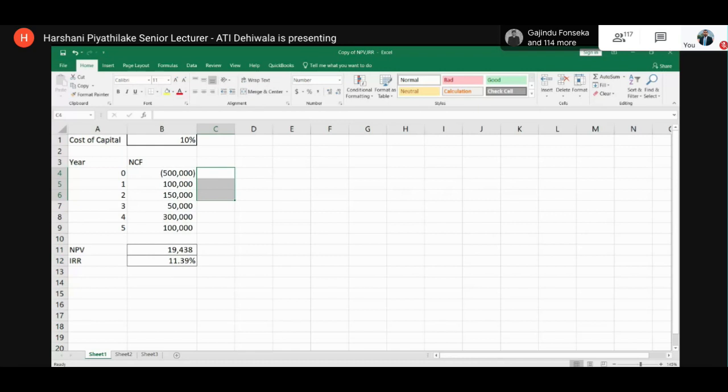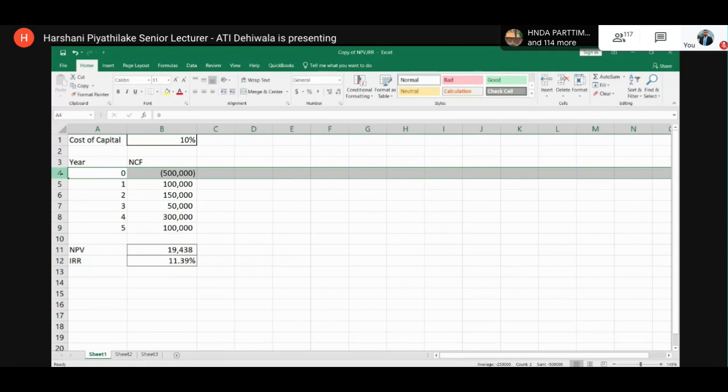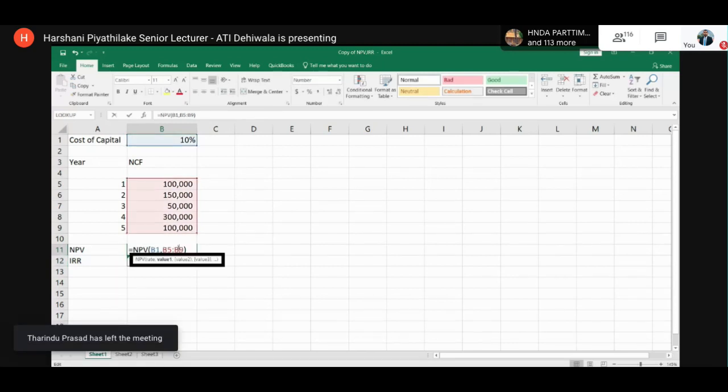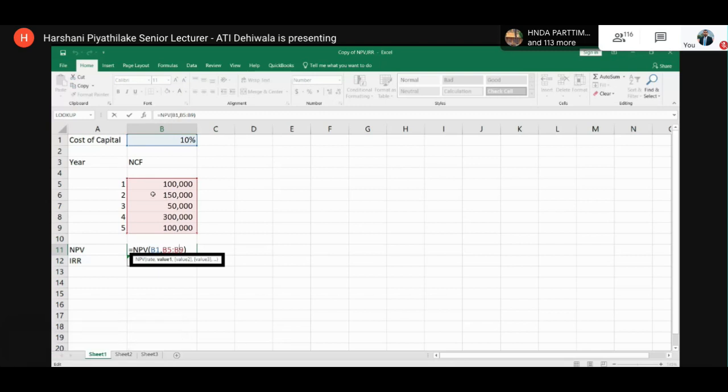Right? Any question? Let's suppose there was no zero value. Suppose that, then you can drag directly without this one, by giving the discounting factor. You can just use this one.